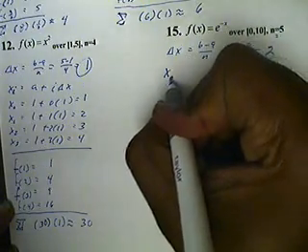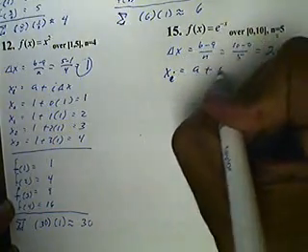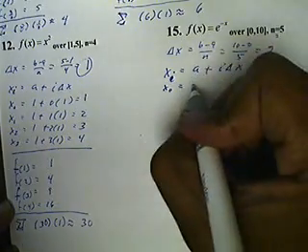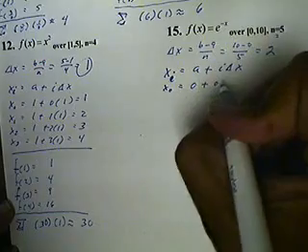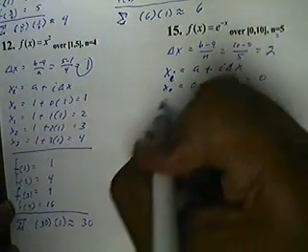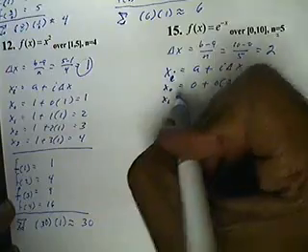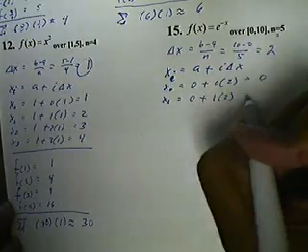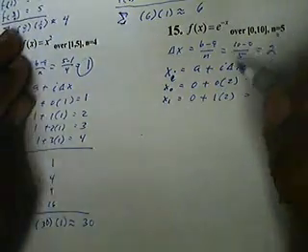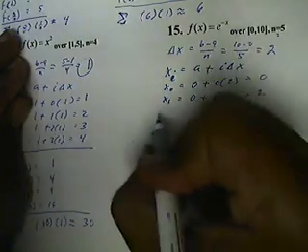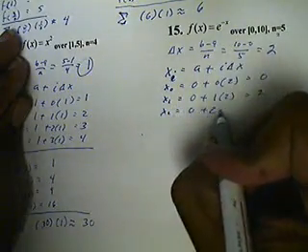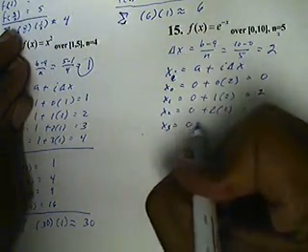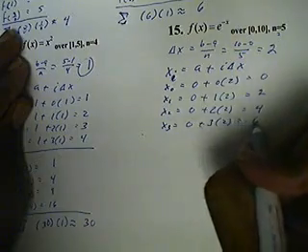So xi equals a plus i delta x. So my first x, x0, will equal 0 plus 0 times 2. That'll be 0. Then my second x, x1, will be 0 plus 1 times 2, and that will equal 2, and x2 will equal 0 plus 2 times 2, which equals 4. x3 will equal 0 plus 3 times 2, which equals 6.